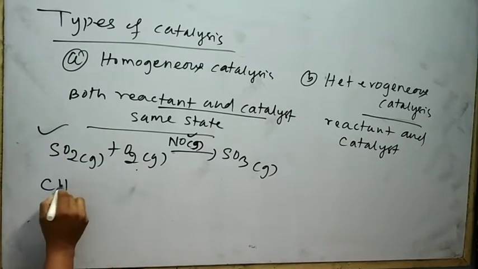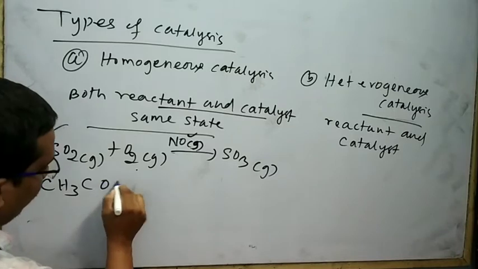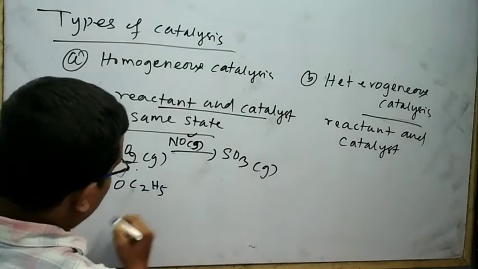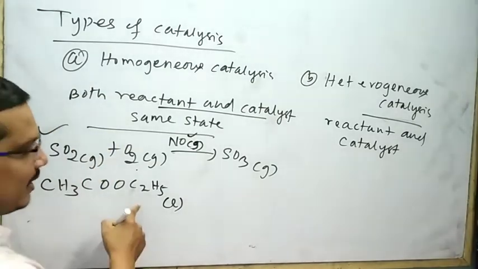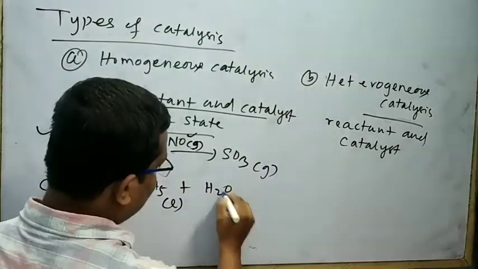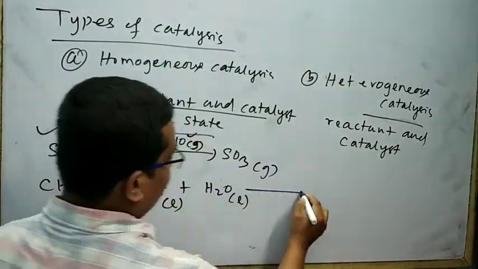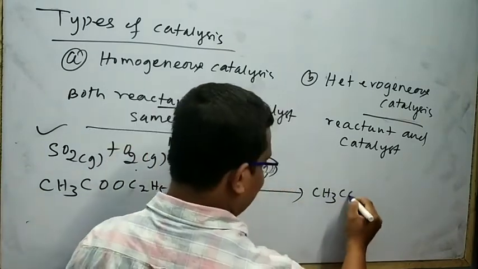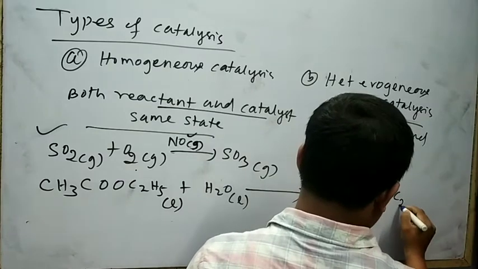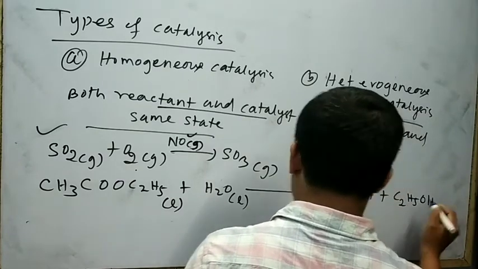Take another example, CH3COOC2H5. This is an ester. It belongs to liquid state. When it is subjected to hydrolysis, then it gives acetic acid plus ethyl alcohol.